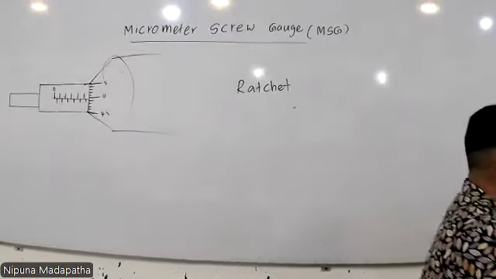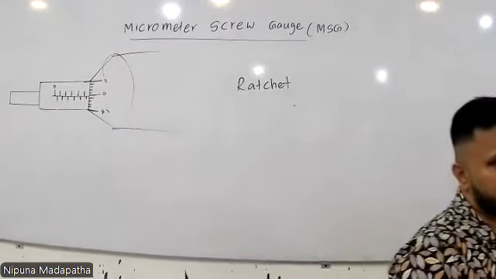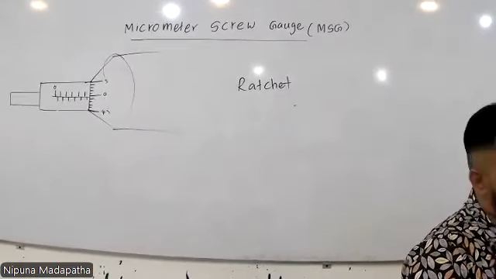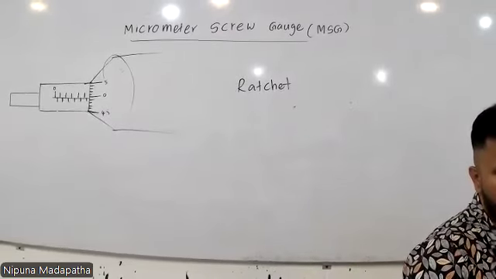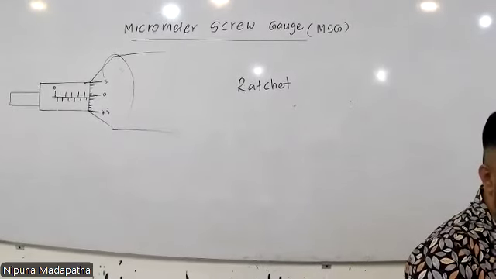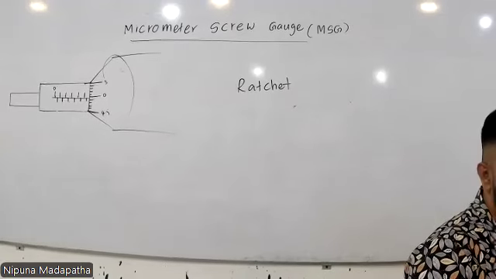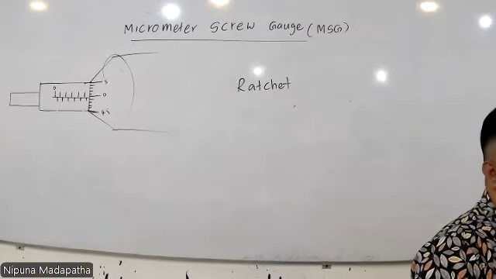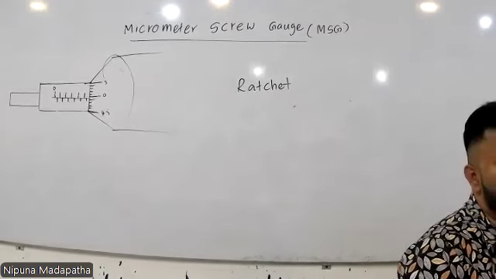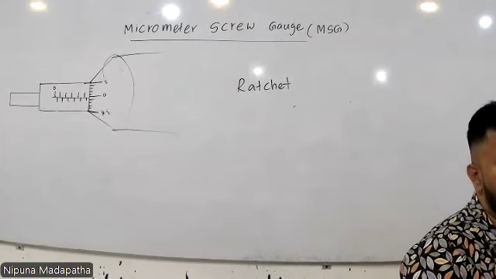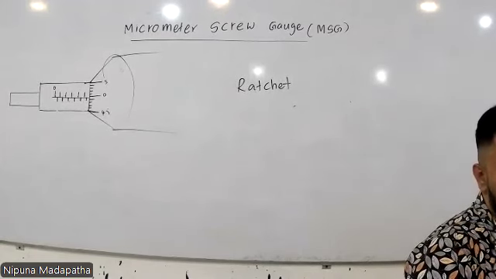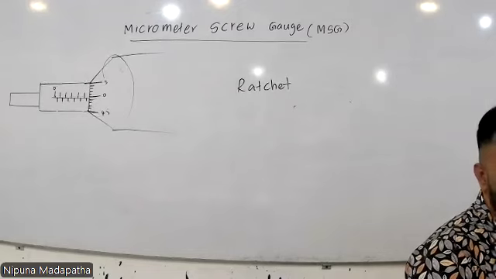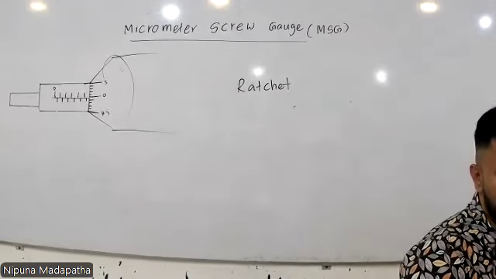Right. So the next thing is, what is the range of this instrument? The maximum length, how much can you measure from this instrument? 10 centimeters? No. Tell me a method to find the maximum range of this instrument.